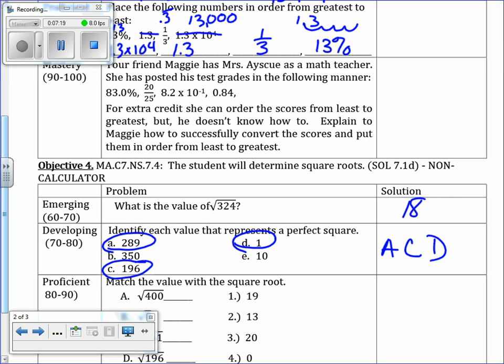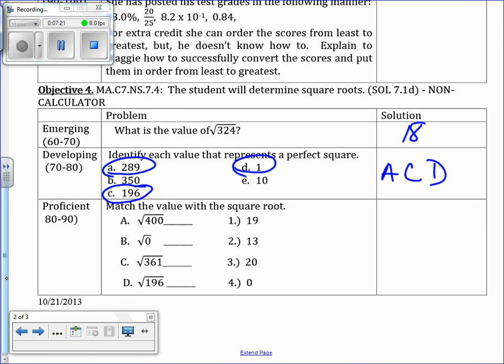All right, for proficient, remember that's our goal, to be proficient. Square root of 400 is 20. Square root of 0 is 0. Square root of 361, I guess I should have put a 4 there, huh? Square root of 361 is 19.